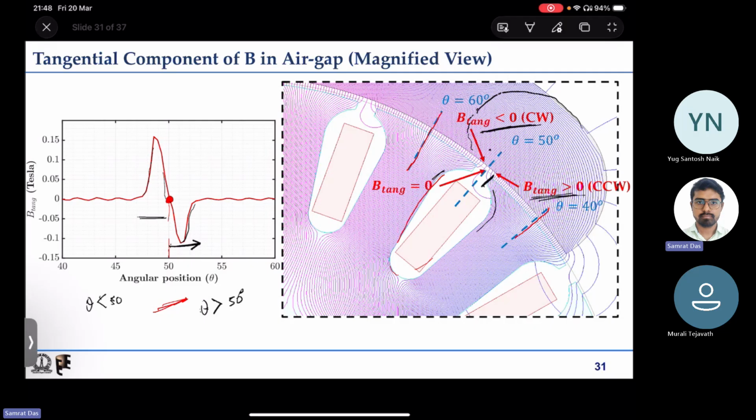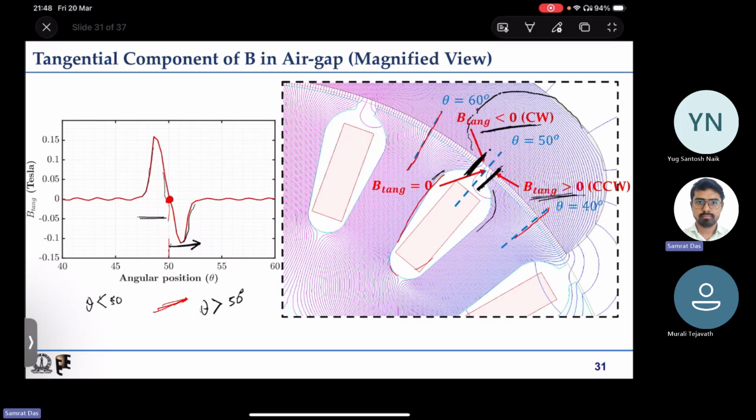You can see this edge, whatever I indicated here, this edge is actually closer to the right hand side compared to the other edge. So this has more magnitude, this has the stronger B tang value compared to whatever you have on this edge, because this edge is more close to the vertical line.